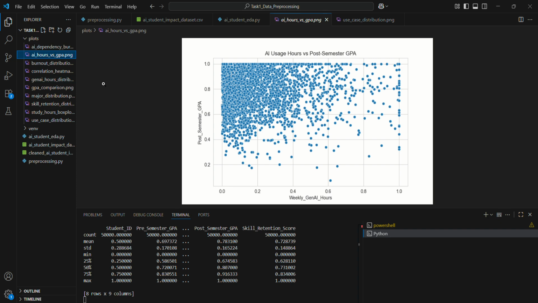So they are scoring well irrespective of their weekly Gen AI hours. There are students who use it a lot, ranging from about 0.3 to here, but the number of students here is comparatively less.